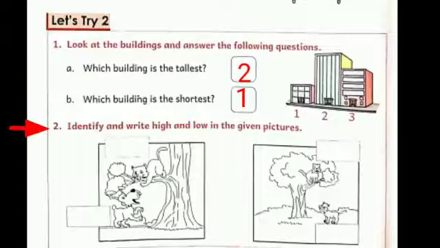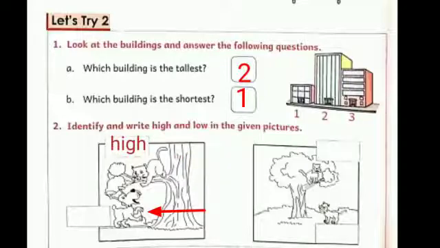Question 2. Identify and write high and low in the given pictures. Students, in the first picture you can see the cat is sitting on the tree. It means at a higher place. So write here high.